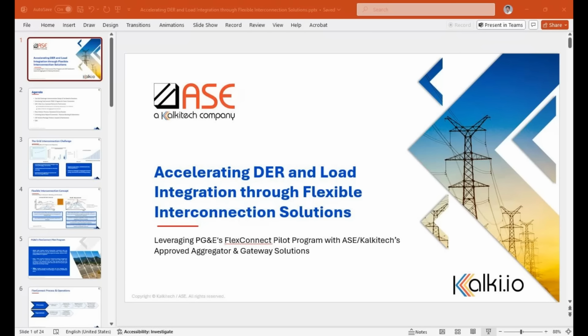However, the traditional methods for studying these interconnections are often very slow and costly. And those that require physical upgrades to the grid infrastructure are not only expensive but can frequently take many years to plan and build.